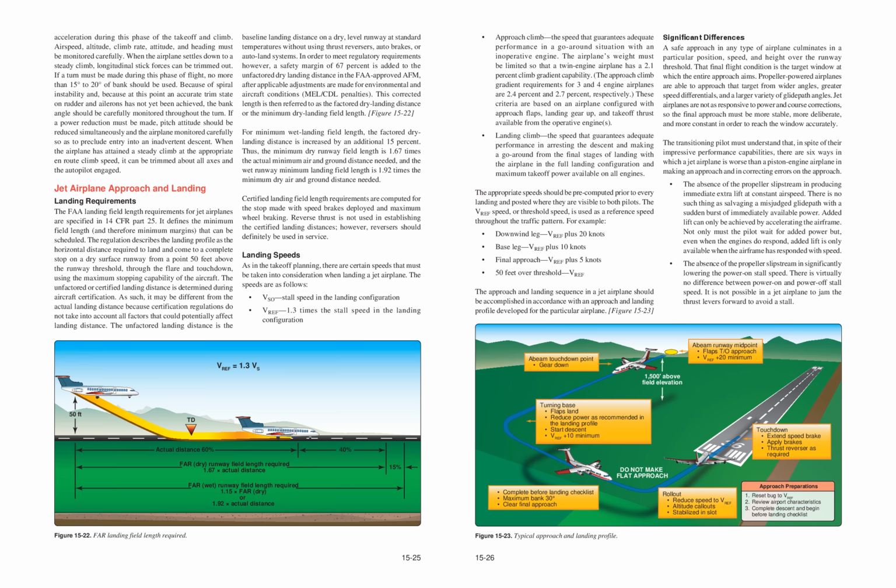Complete before landing checklist, maximum bank 30 degrees, clear final approach. Figure 15-23. Typical approach and landing profile. Rollout, reduce speed to VREF, altitude callouts, stabilized in slot. Approach preparations: 1. Reset bug to VREF. 2. Review airport characteristics. 3. Complete descent and begin before landing checklist.